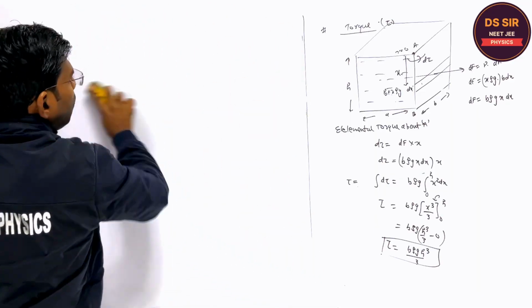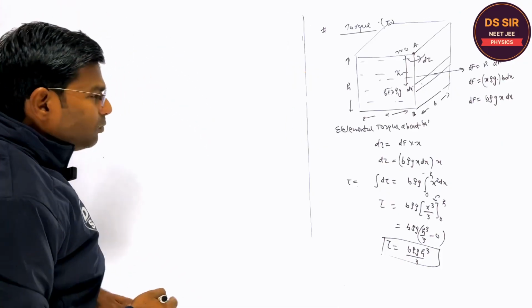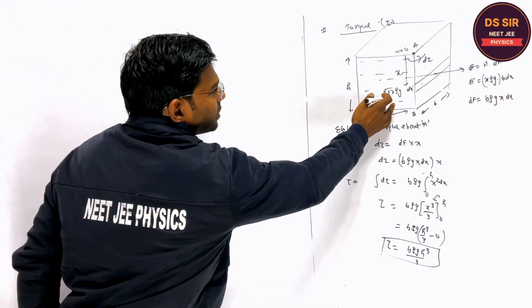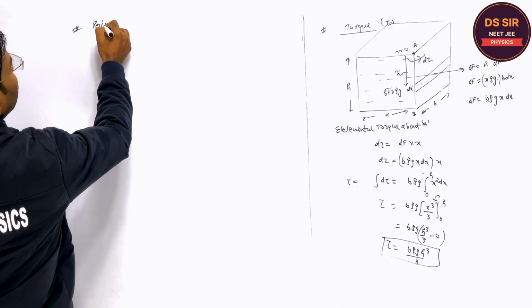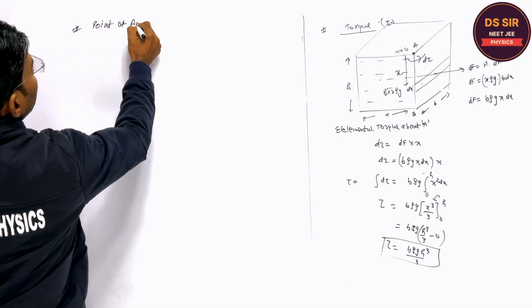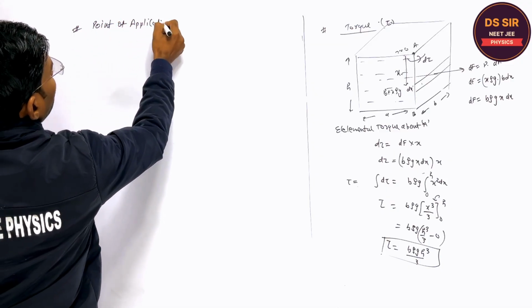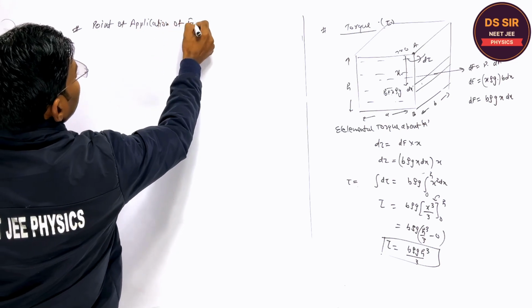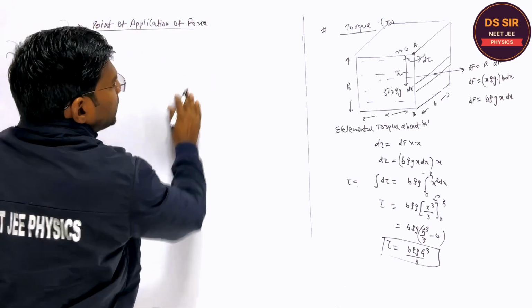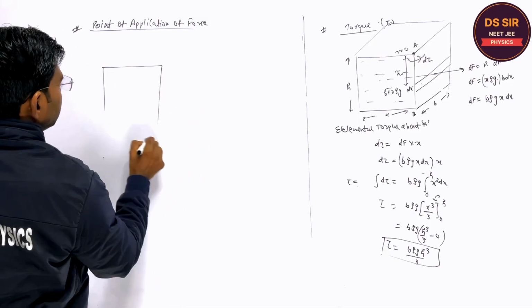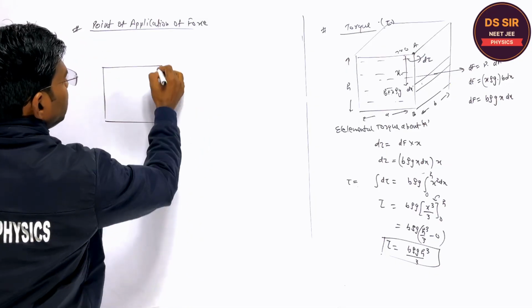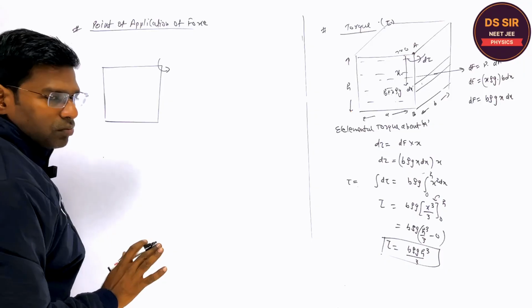All right. Now one more question which can be asked is the point of application of force. So where is the effective force acting on the side wall? So how to find? Suppose this is the container, right? And the net torque about this we have found.